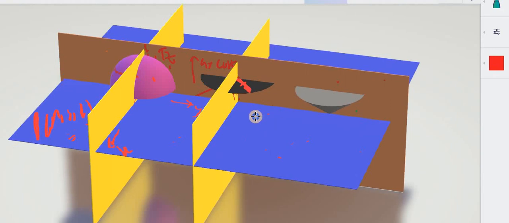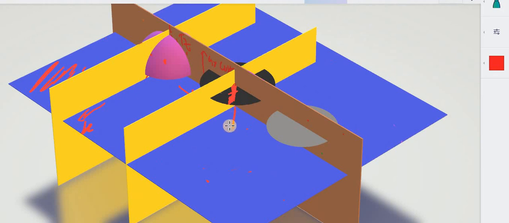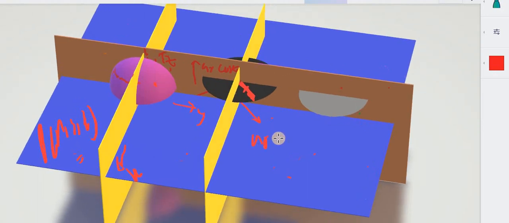The direction parallel to the xy plane would be sin theta, the perpendicular.